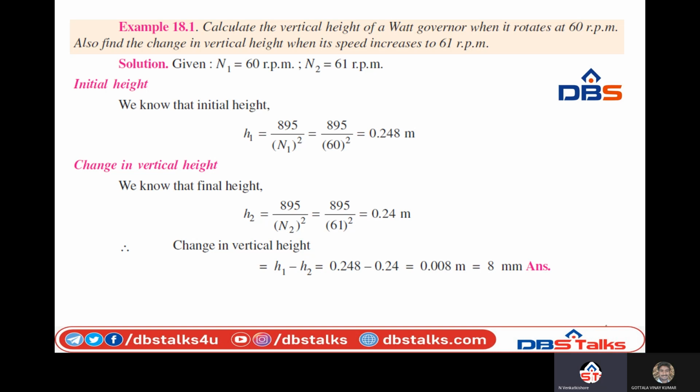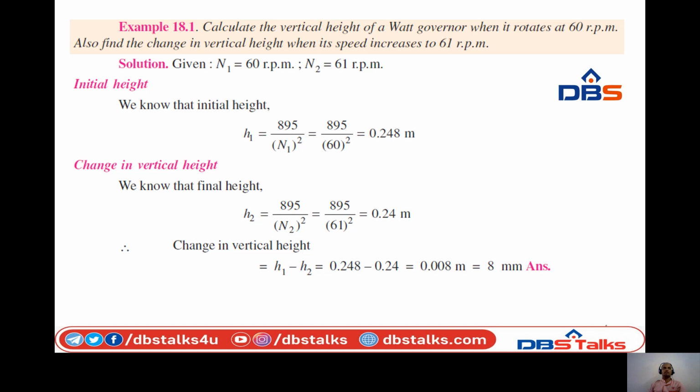Here what they are asking is, when the speed is 60, how much is the height, and when the speed is 61, how much is the height. So we need to find the change. From 60 to 61, the speed increases, then how much the height varies is to be found out.